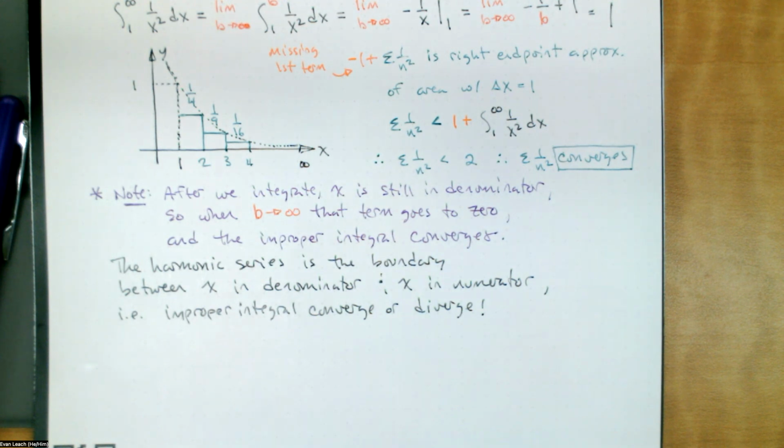Because if instead of integrating 1 over x, we integrated 1 over x to the 1.000001, that still converges.